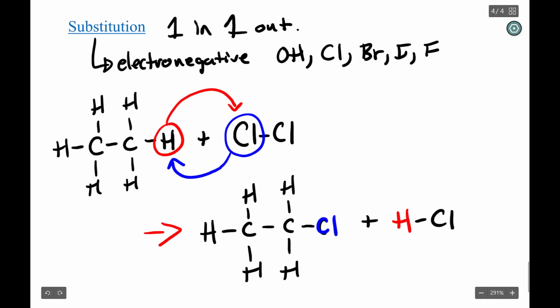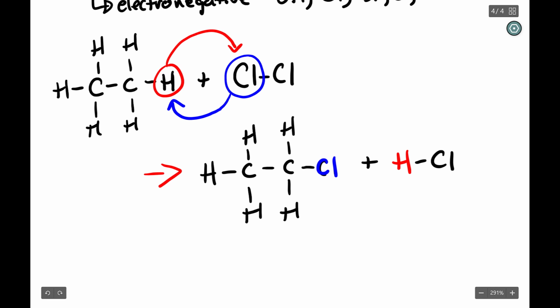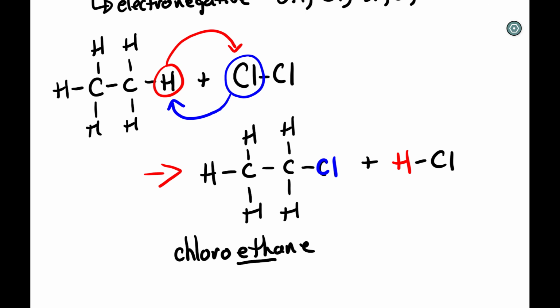And that's why I call it one in, one out. I am substituting one atom for another. The name of this compound would be chloroethane. Ethane, because there's two carbons, ane because they're single bonds, and chloro because it has a chlorine atom. We're going to talk about how to name this when we get to alkyl halides and halogens in a later episode. And then I have hydrogen chloride as my other byproduct.